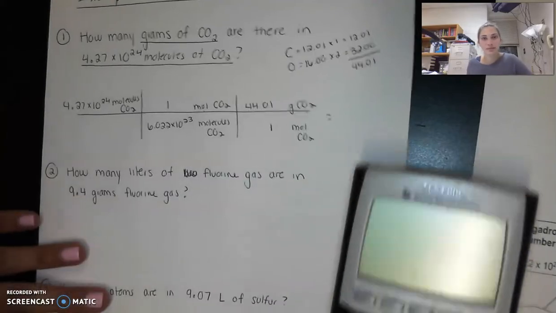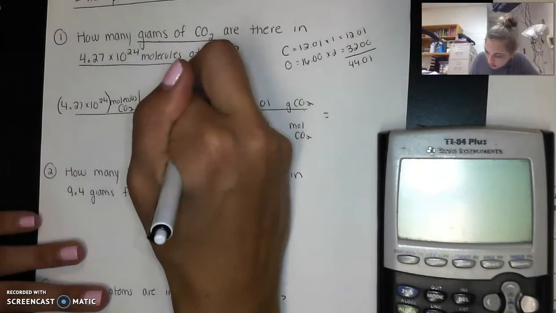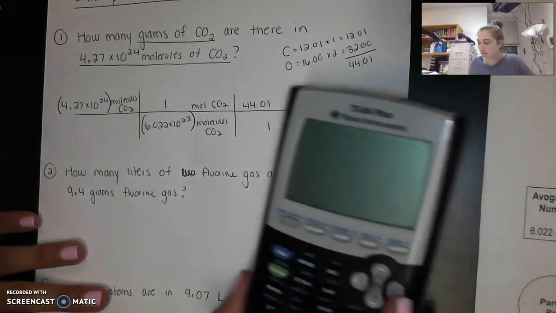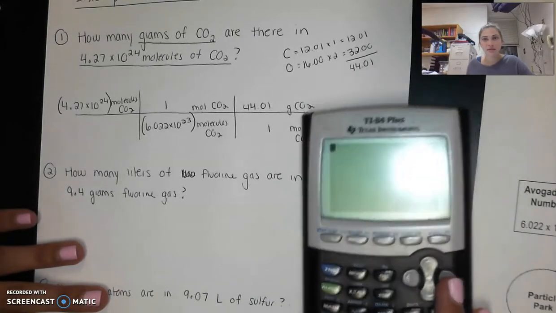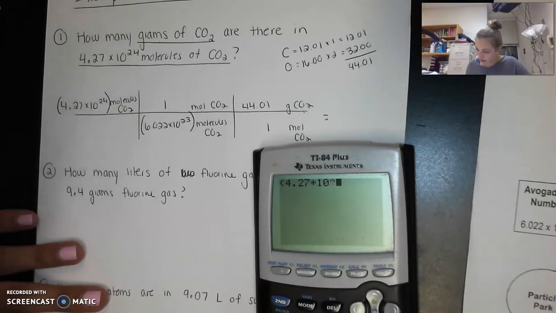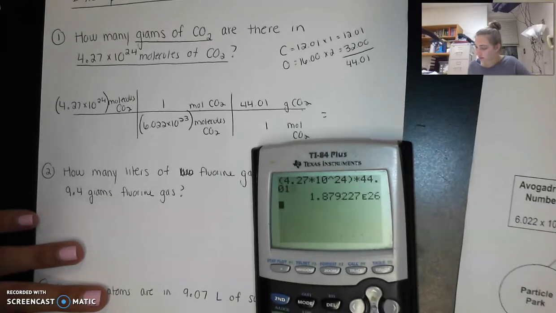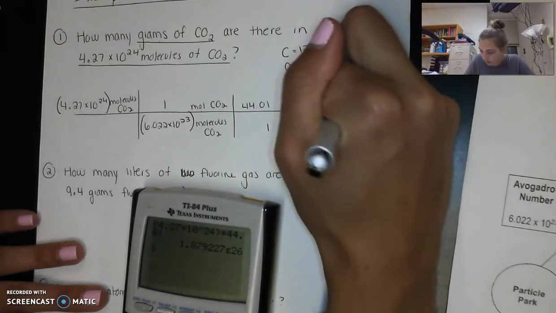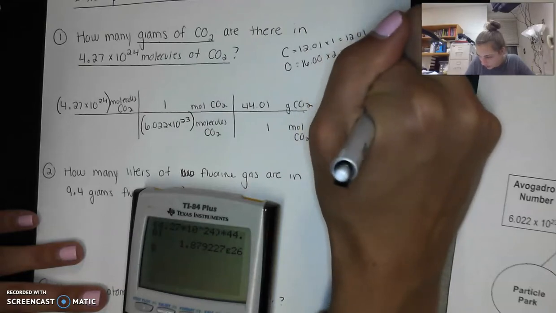So now I plug it into my calculator. Remember, whenever we have anything in scientific notation, put it into parentheses. I'm going to multiply everything on top and then divide through everything on bottom. So I'm going to do parentheses 4.27 times 10 raised to the 24th, end parentheses. I don't need to multiply by 1, and then times 44.01, and I get an answer of 1.879 times 10 to the 26th.